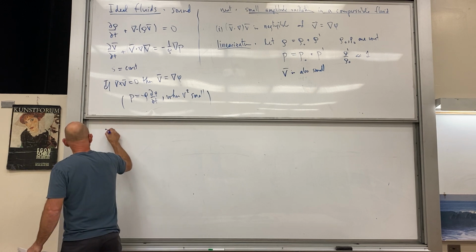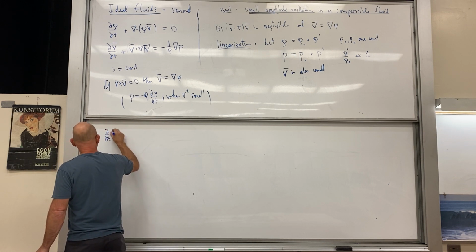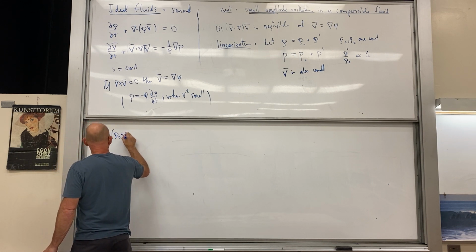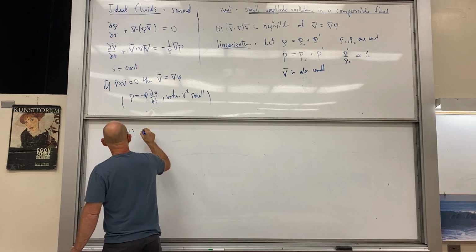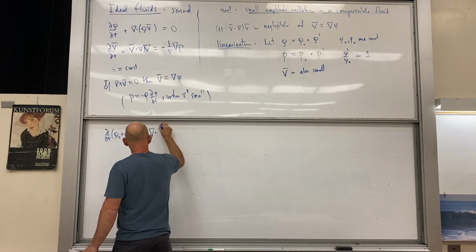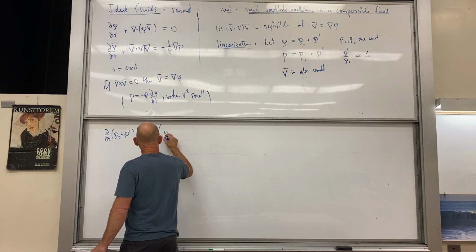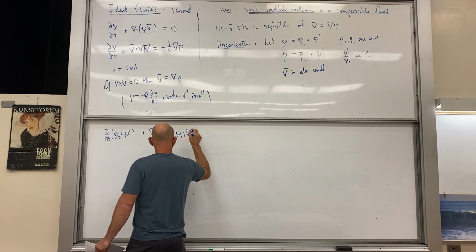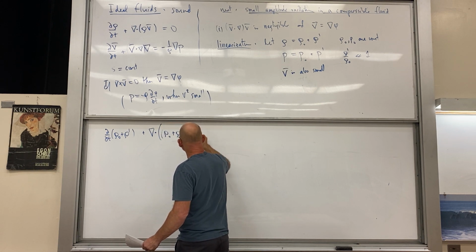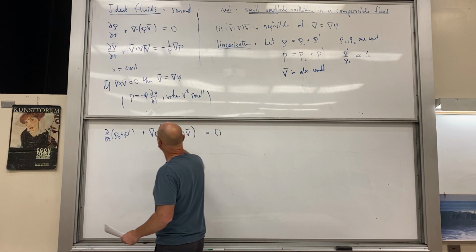So we have d dt of rho 0 plus rho prime, plus the divergence of rho 0 plus rho prime times v, equals 0.